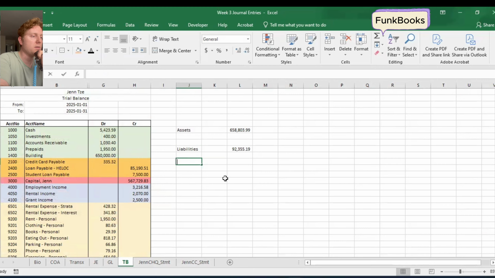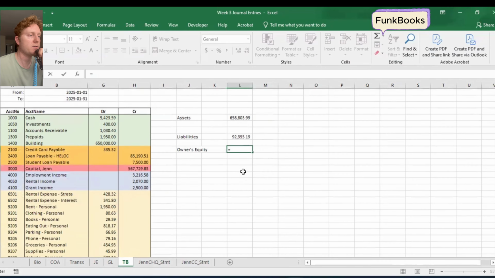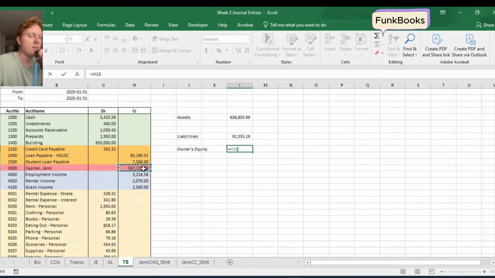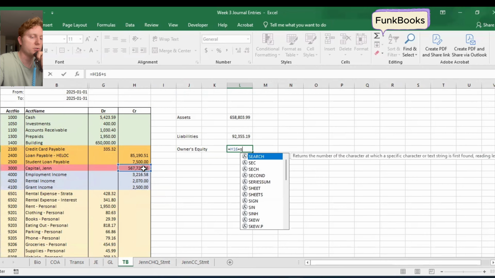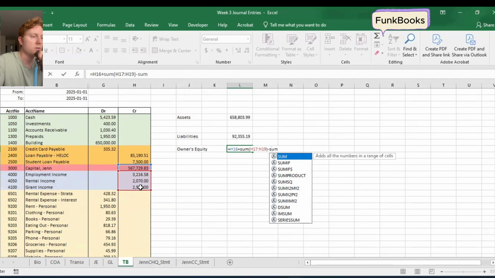And we've got our owner's equity. Could really be all of these things. I don't want to get too ahead of ourselves. Next time we're going to look more into financial statements. So I'm going to add all these up separately to show you. So we've got our opening equity plus our revenues. So I'll equal sum, and I'll add these revenues in, and then minus our expenses.